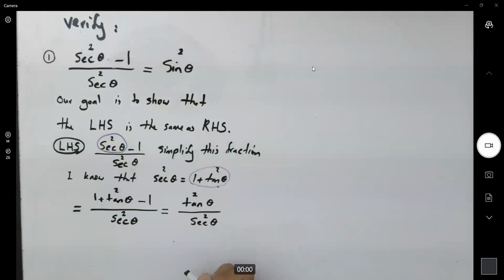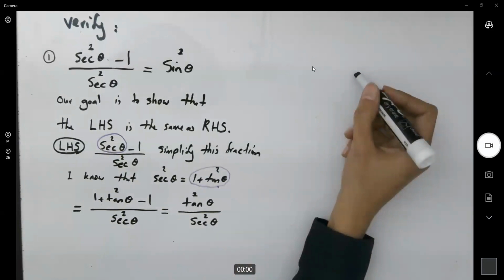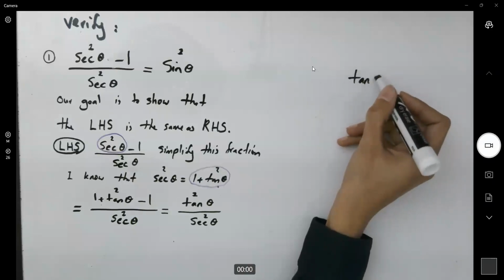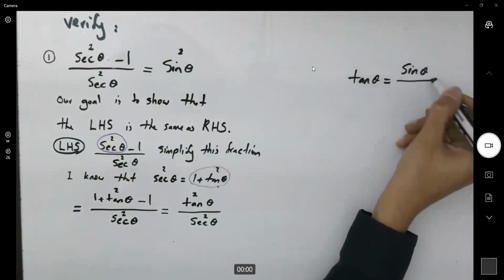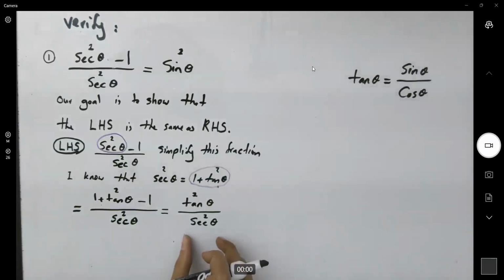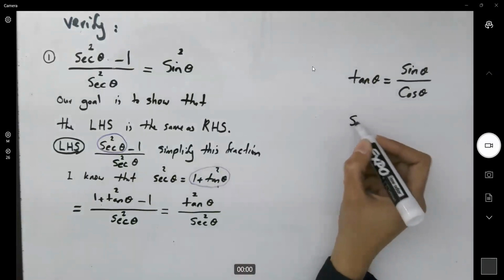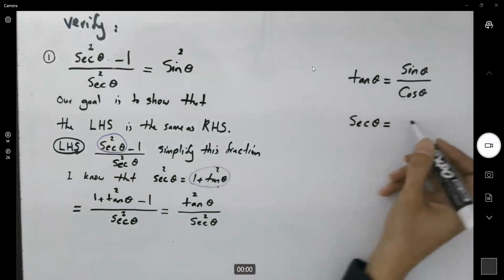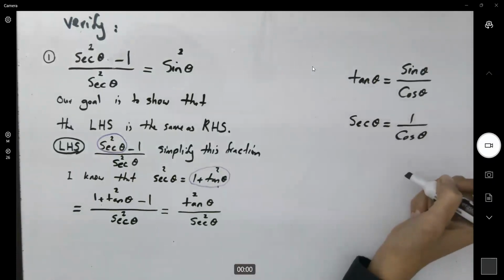Okay, guys, what do you have here? You have tangent squared. Remember the definition of tangent: it is sine divided by cosine. At the same time, you have secant squared in the denominator. Remember, secant of theta is defined as 1 over cosine of theta.